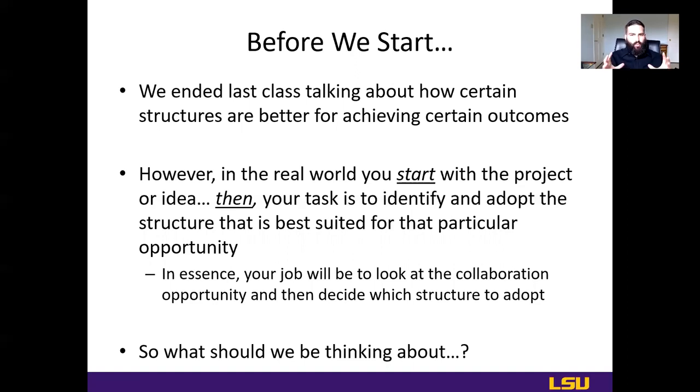Given that I have this project, this idea, this type of collaboration that I think is worthwhile to pursue, how should I go about deciding between an alliance or a corporate venture capital investment or just doing it myself? This is the meat of how or why you will provide value to companies.